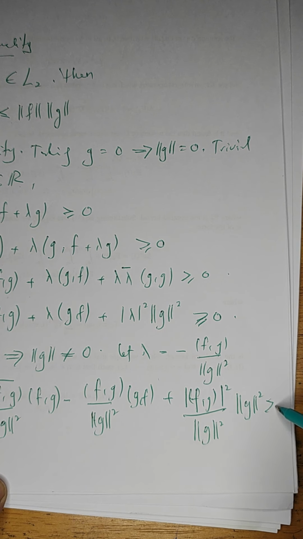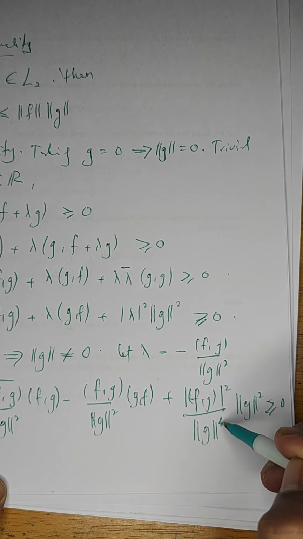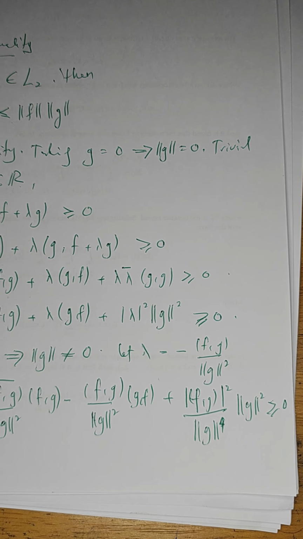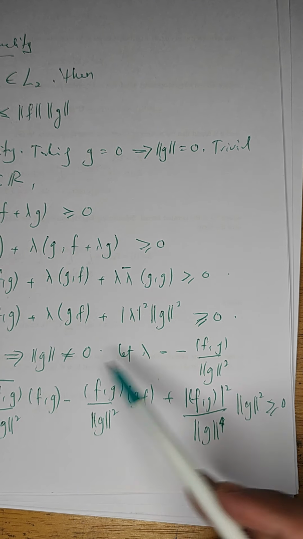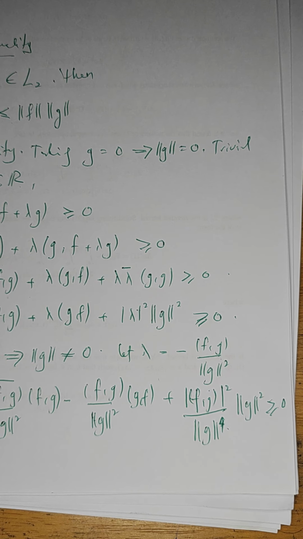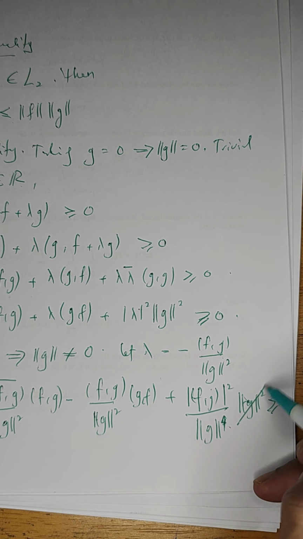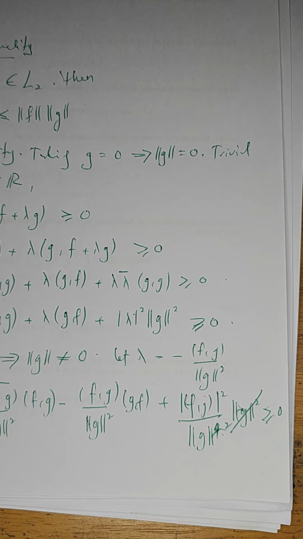This is greater than 0. There should be a 4 here, because this is for lambda squared, and lambda is given by that. So you can cancel out this, and only two are left.